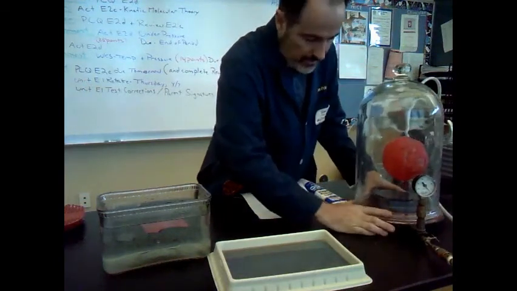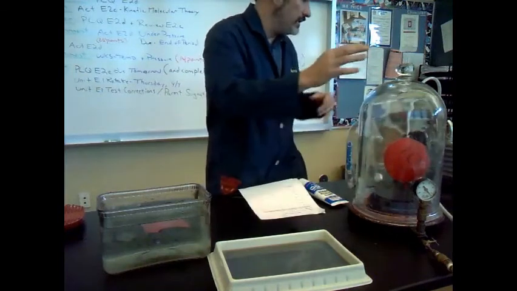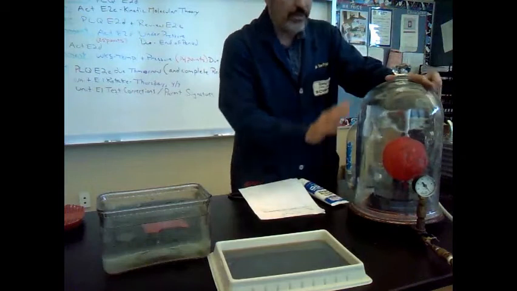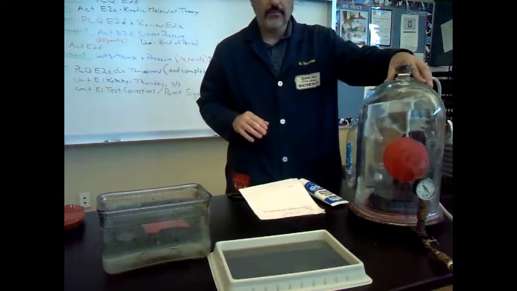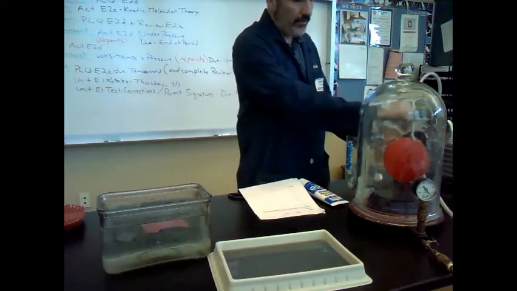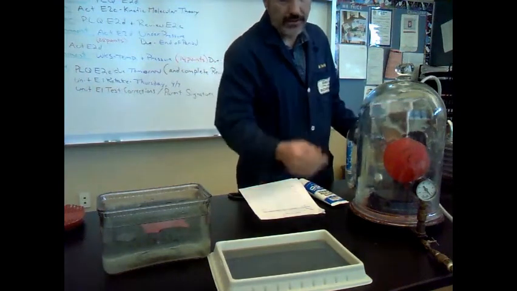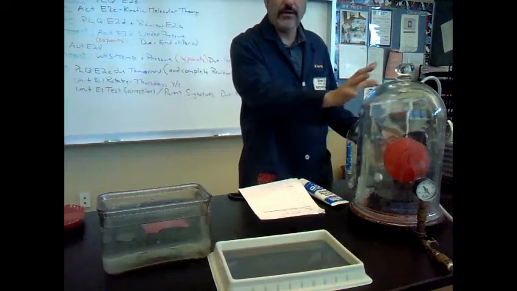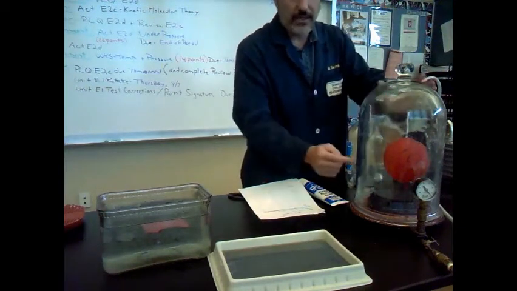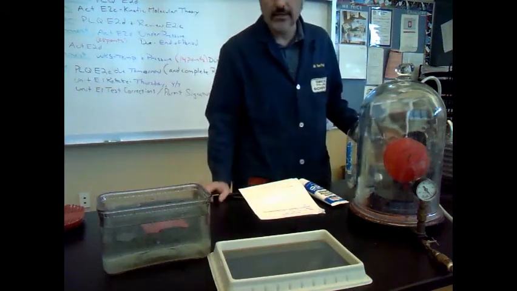onto the base. And then I'm going to flip the switch here for the air compressor. You won't be able to hear me very well because it's very loud. But we shall see what we shall see. Now remember, the air compressor is going to remove air and therefore decrease the air pressure inside the jar, but not necessarily inside of the balloon.